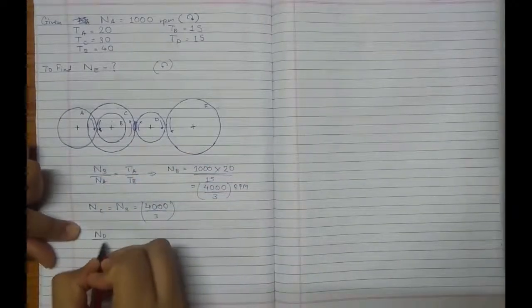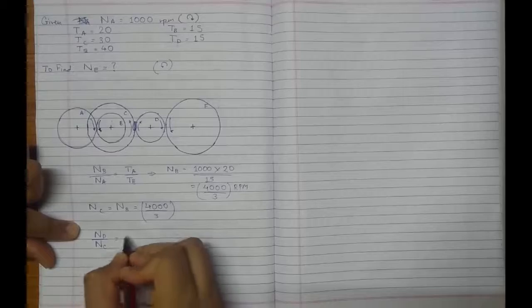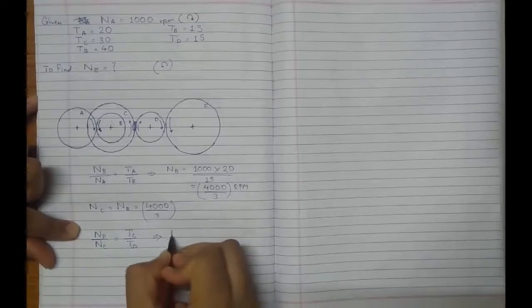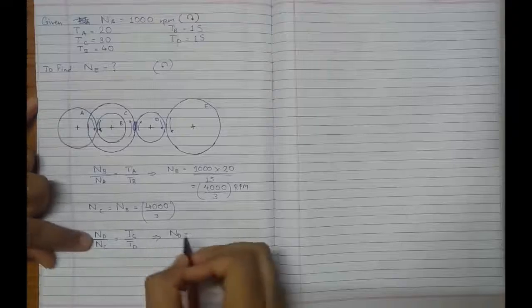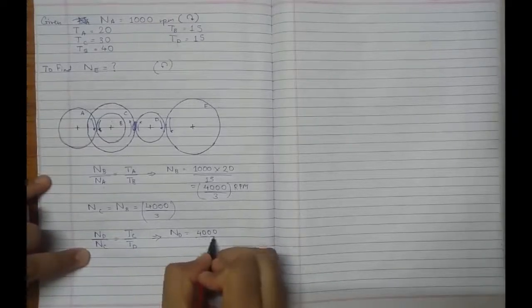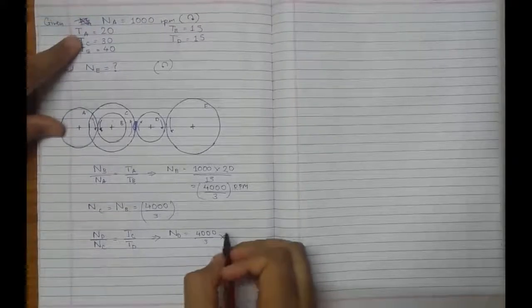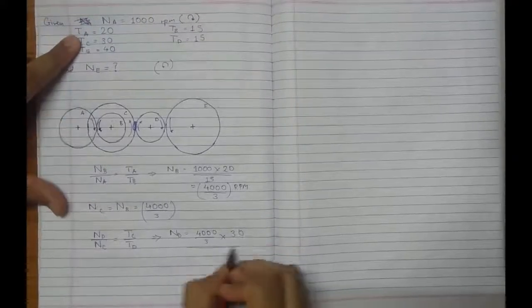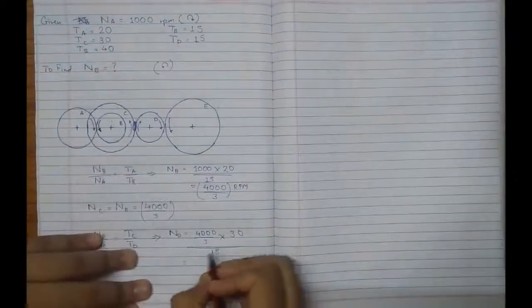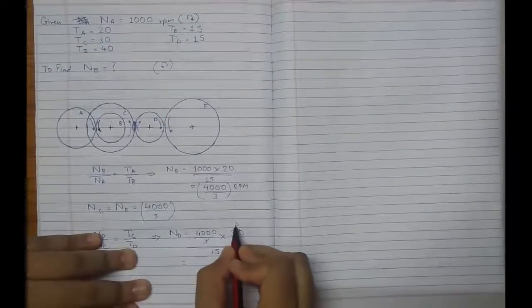So RPM of D upon RPM of C is number of teeth on C upon number of teeth on D. So ND is equal to NC into TC upon TD. NC is 4000 upon 3, into TC is 30, upon TD. TD is 15. So this will cut 10.